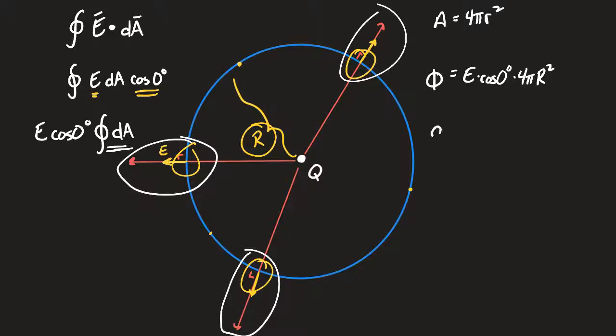So Q enclosed equals the permittivity constant times the total flux. For what we've just put together, that's capital Q, the charge enclosed, equals the permittivity constant times 4 pi r squared times E. Cosine of 0 is 1.